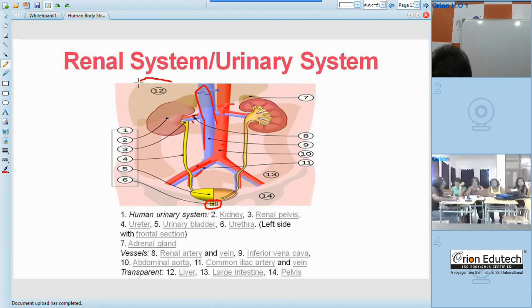This part is the liver, and this part is also liver. This part is the large intestine, and this is the pelvis region. So these are the parts which mainly make up the urinary system.